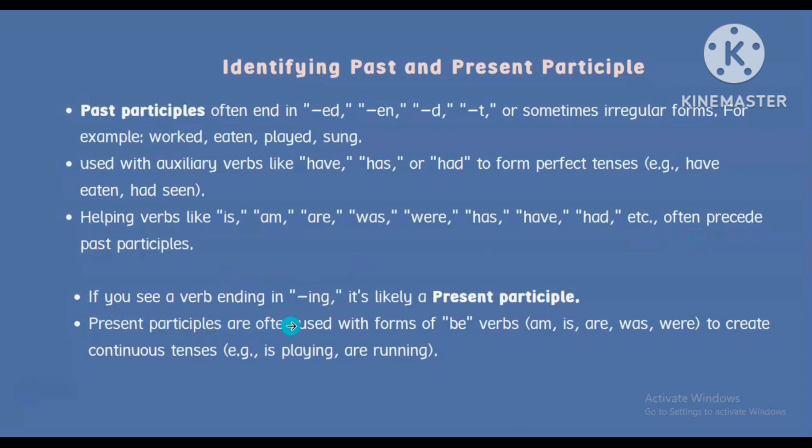If you see a verb ending in ing, it's likely a present participle. Present participles are often used with forms of be, like am, is, are, was, were, to create continuous tenses. With these tricks, I hope you won't be facing the issues with identifying finite and non-finite verbs anymore.